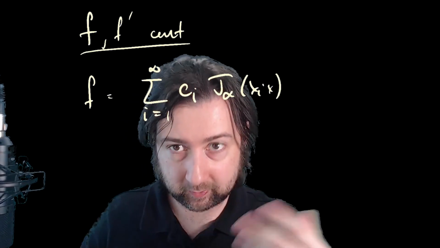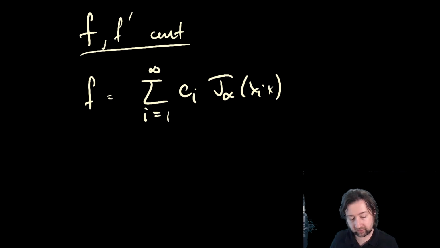So this is a unique expansion theorem. The ci's are unique. The ci's are computed just by taking dot products.